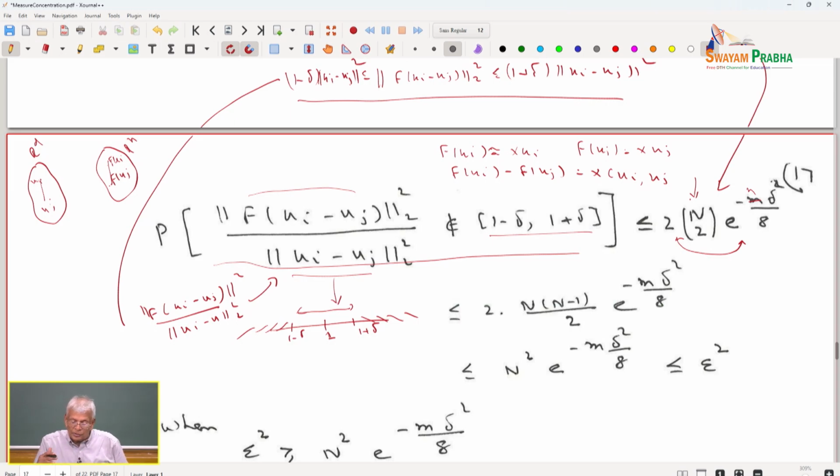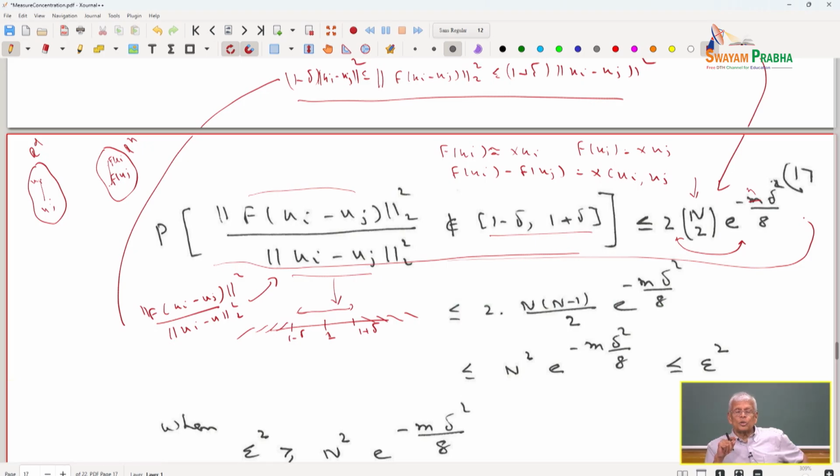This I am now going to simplify. So, this is where the conceptual idea of trying to ensure that it is a very nearly isometric embedding with a very high probability. Where does the probability thing come in? Because even though your original points u1, u2, u3 are given deterministic quantities, what could those ui represent?